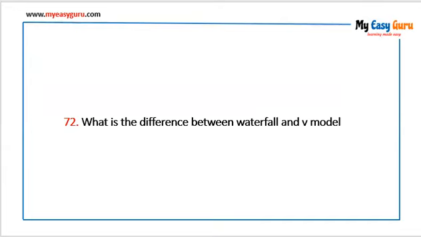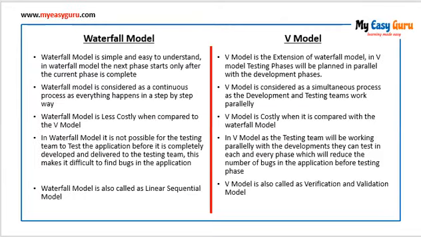Next question is, what is the difference between waterfall and V model? Waterfall model is simple and easy to understand. In waterfall model, the next phase starts only after the current phase is complete. While in case of V model, testing phases will be planned in parallel with the development phases.